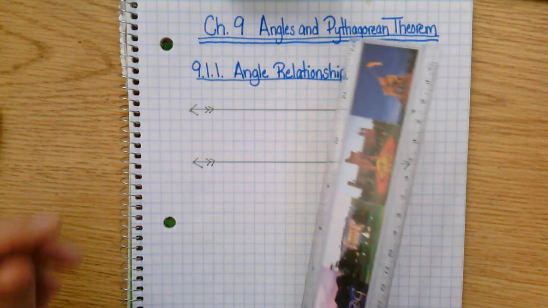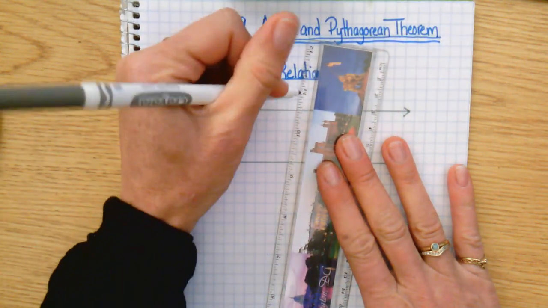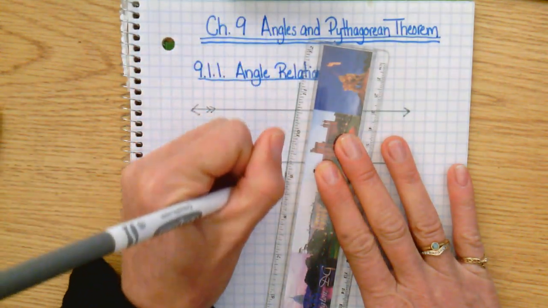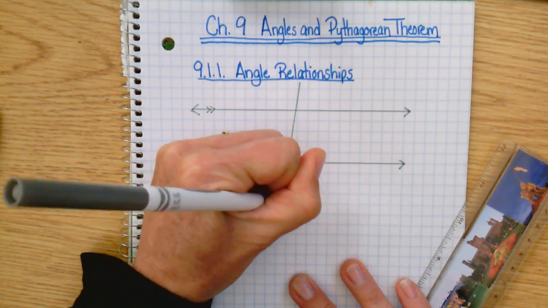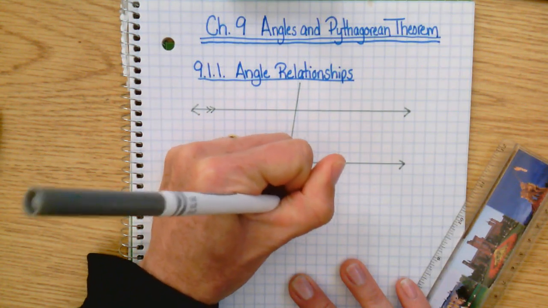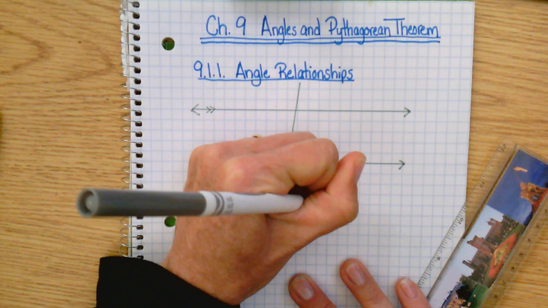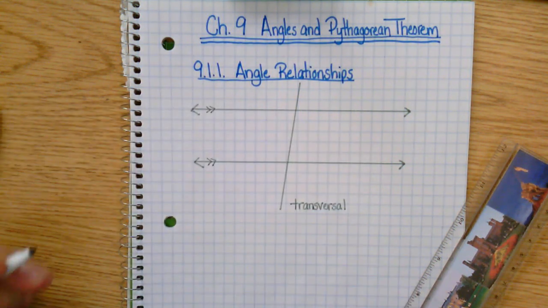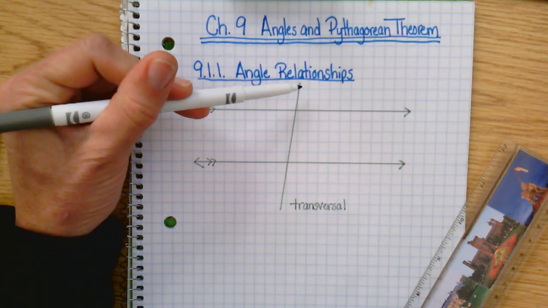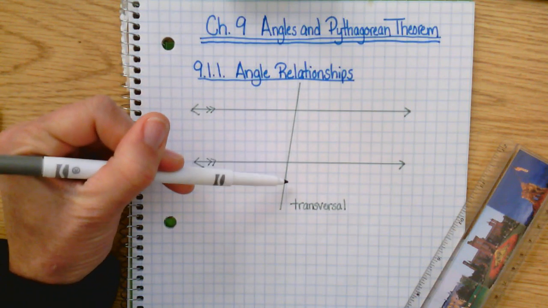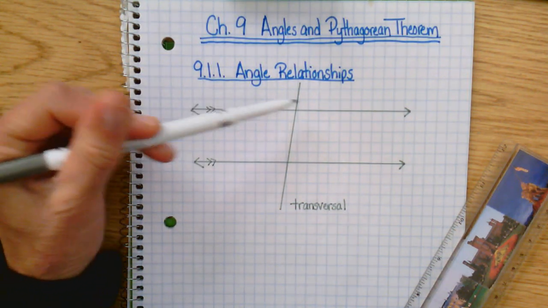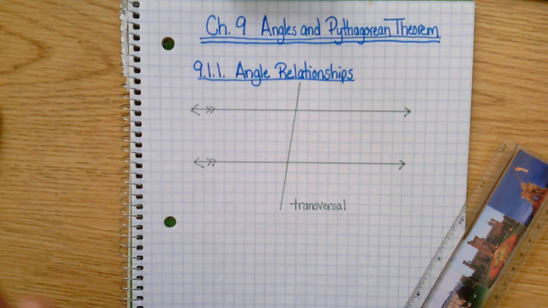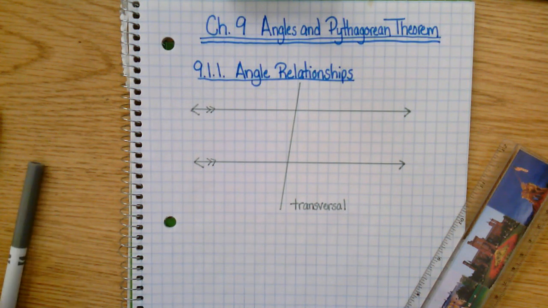And then I'm going to add a third line to this, which is called a transversal. This transversal cuts through the two parallel lines, and in doing so, it creates a whole bunch of different angles. So we're going to talk about those angles and the relationships.